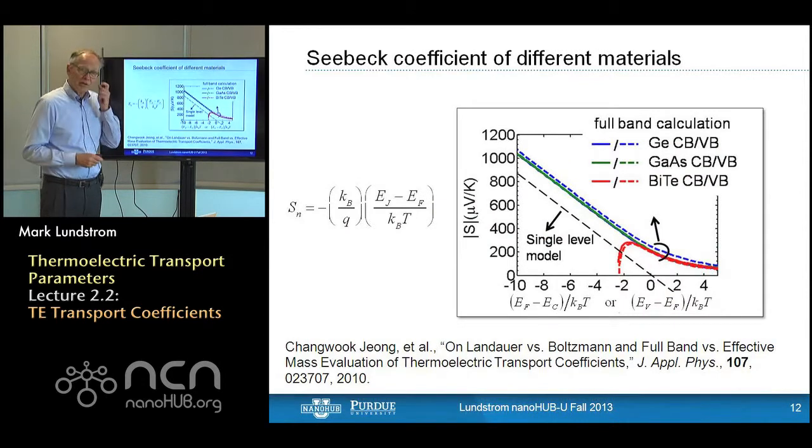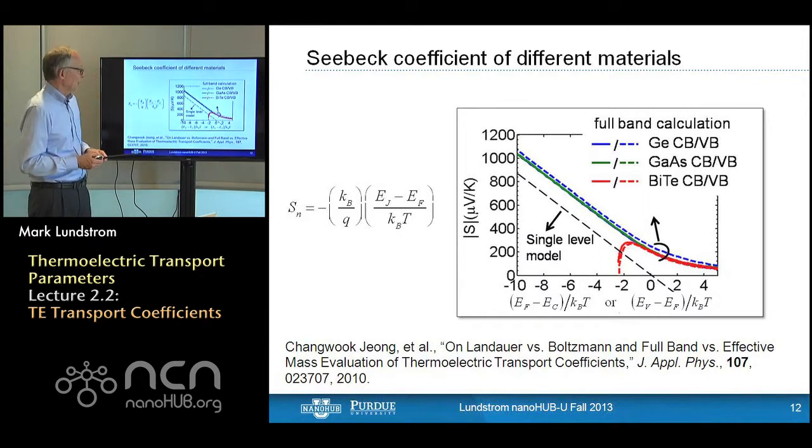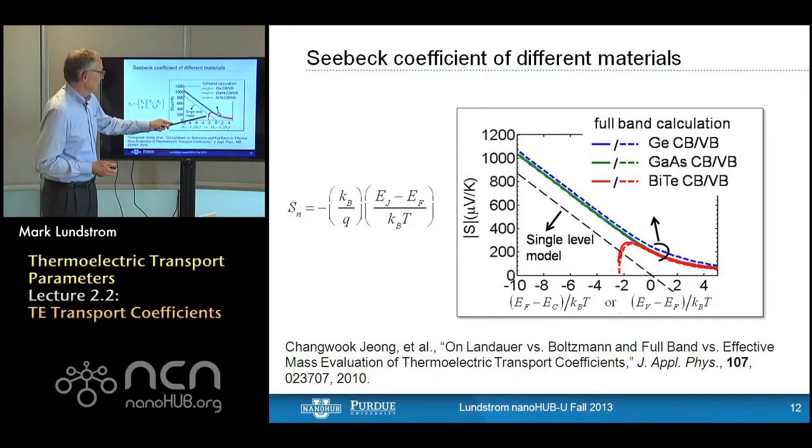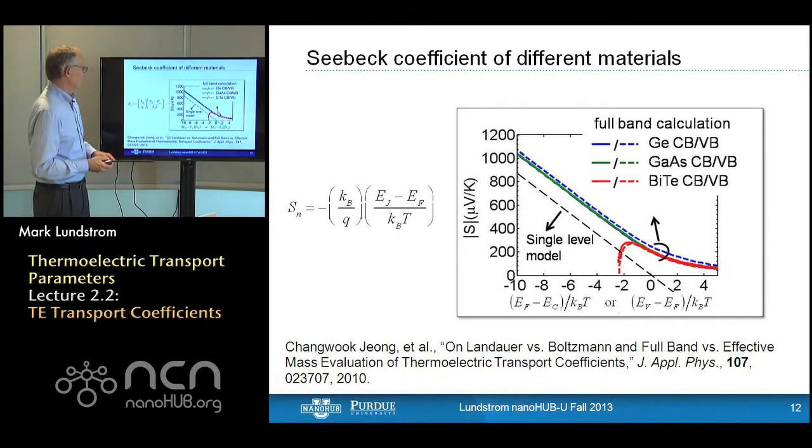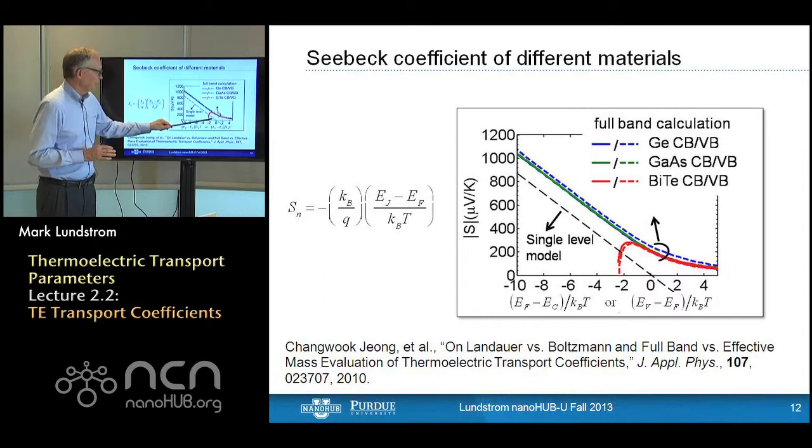Now, these are some numerical calculations for a variety of different materials. The conduction and valence bands of germanium, the conduction and valence bands of gallium arsenide, the conduction and valence bands of bismuth telluride, the conduction band, I guess, of graphene. So you can see that all materials basically have very similar Seebeck coefficients versus Fermi energy.